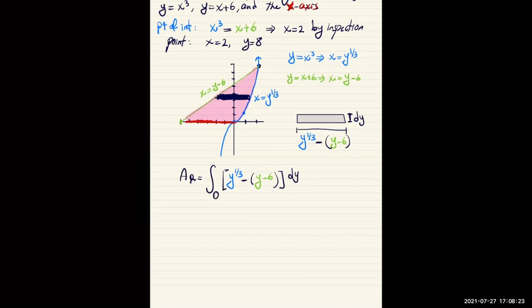Anybody? Y equal to 8. Yes. Throughout the region, the smallest y is 0, and the largest y is the y for this point, which is 8. This is why we need the intersection point. It's going to give us the bounds of integration.